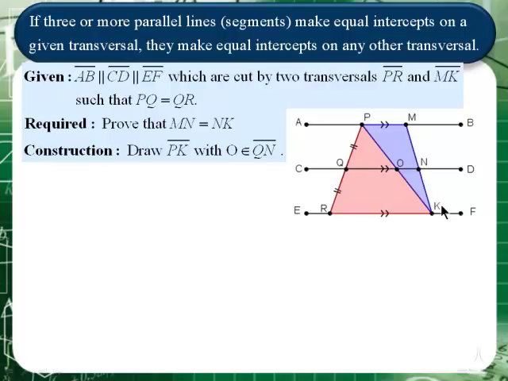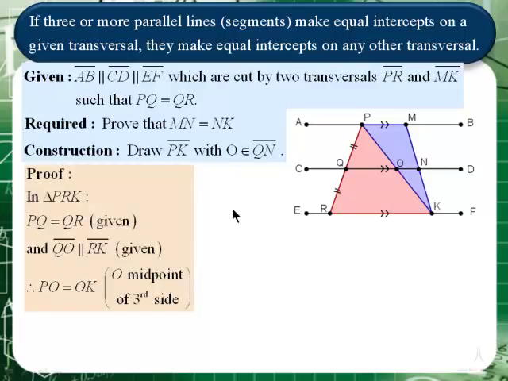The construction is that we draw an additional transversal, namely transversal PK, with O an element on line segment QN. How do we prove it?